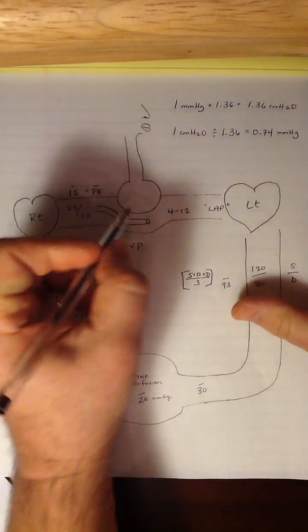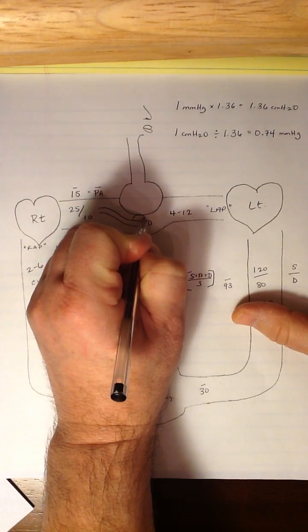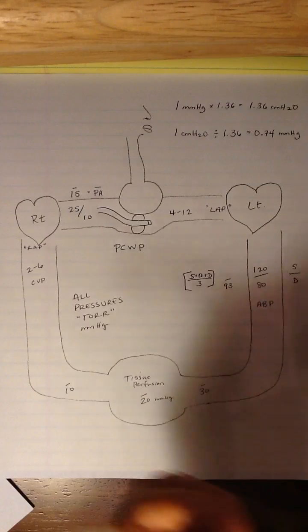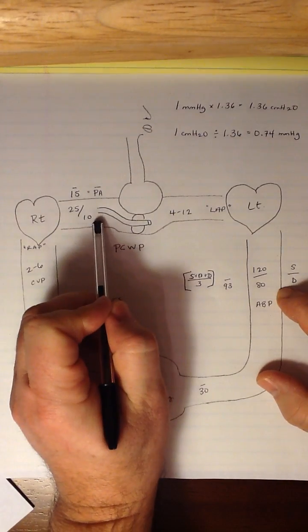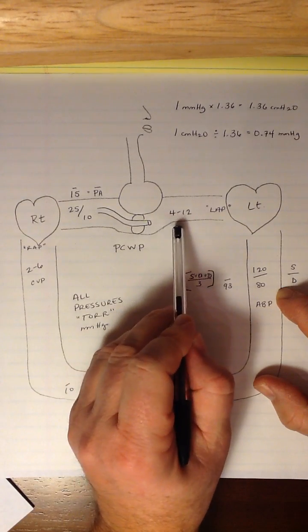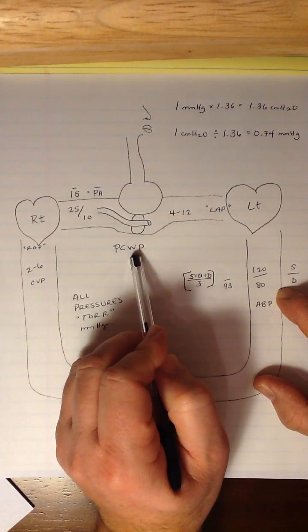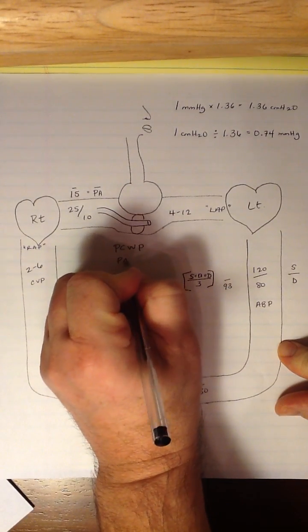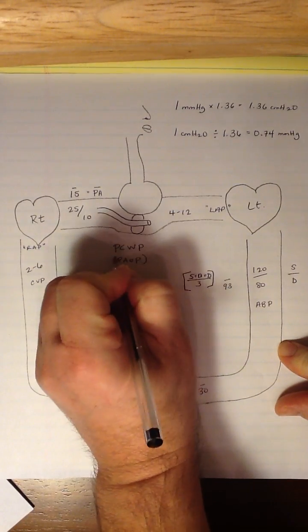If I were to inflate the cuff, then we're no longer reading pulmonary artery pressures behind the cuff. We're reading pressures in front of this cuff, which is the pulmonary capillary wedge pressure. That's also sometimes referred to as pulmonary artery occlusive pressure.